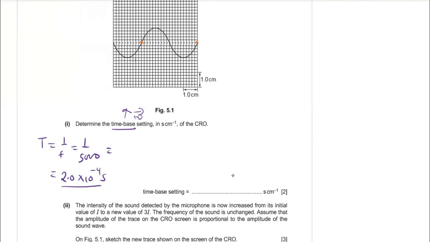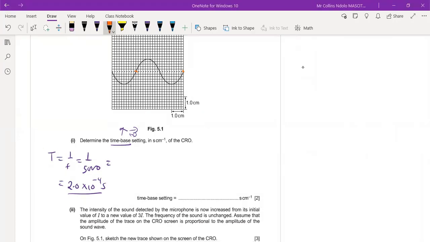So that is the time taken for 1 complete wave. For 1 complete wave, there are 4 large boxes, each having 5 small boxes. From here to here, there are 4, meaning that the time-base setting will be 2.0 times 10 power minus 4 seconds divided by 4.